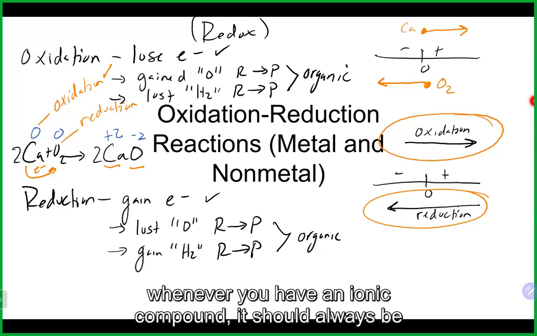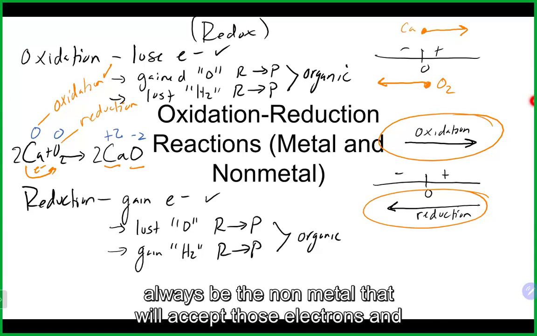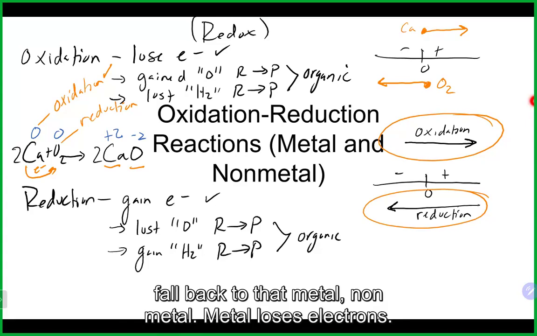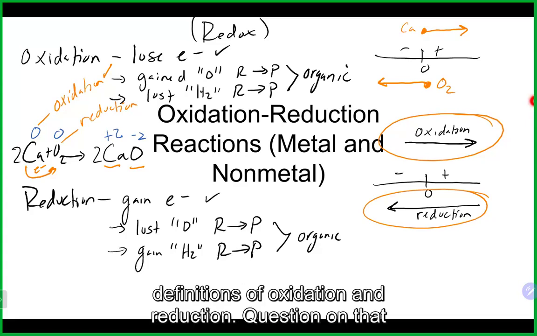So whenever you have an ionic compound, it should always be the metal that loses electrons and is oxidized. It should always be the non-metal that will accept those electrons and is reduced. So with an ionic compound, you could always fall back to that metal, non-metal. Metal loses electrons, non-metal gains electrons, and that's pretty much your two definitions of oxidation and reduction.